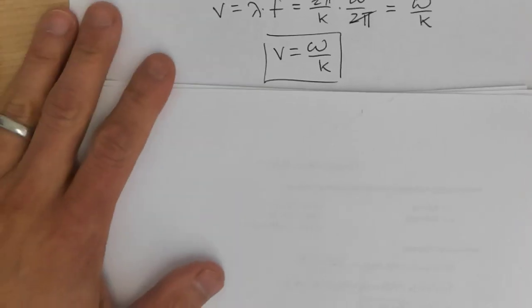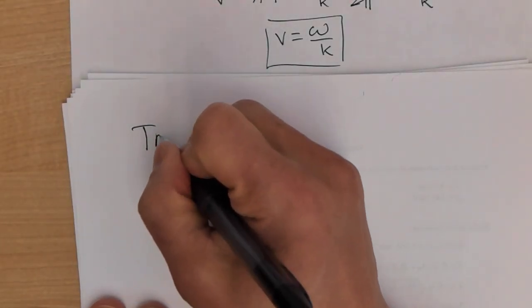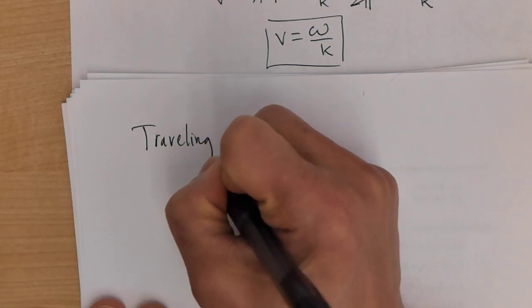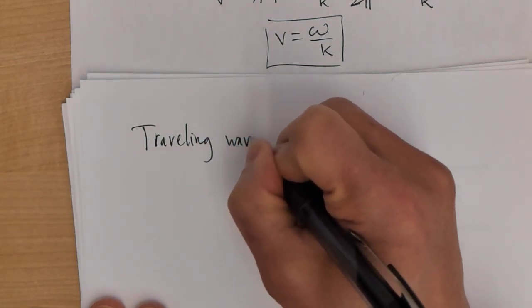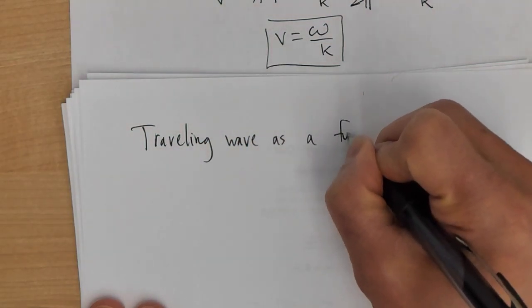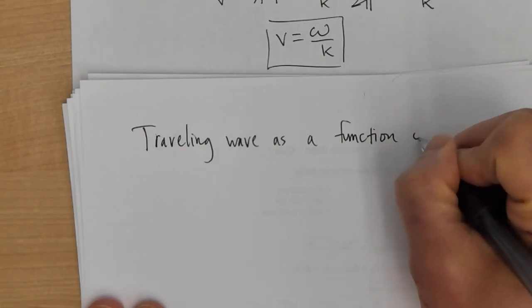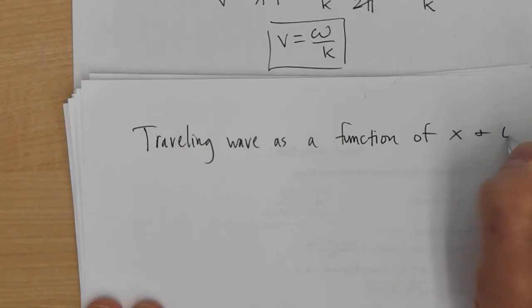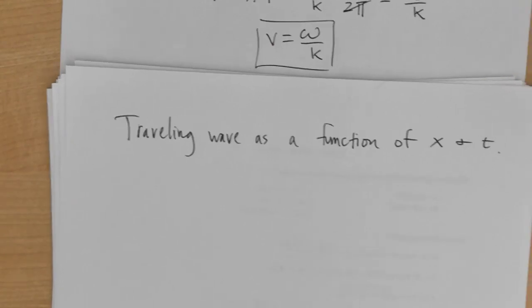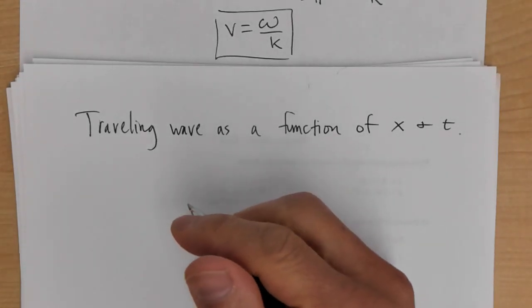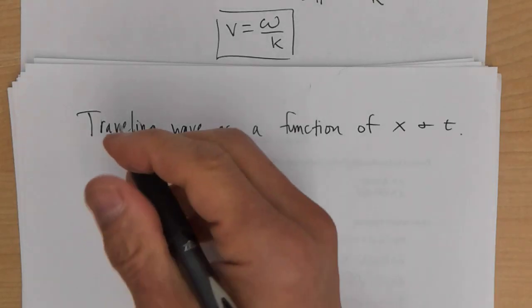The next thing I want to talk about is how to write the traveling wave as a function of x and t, as a function of position and time. Okay, there are actually several ways to do it.